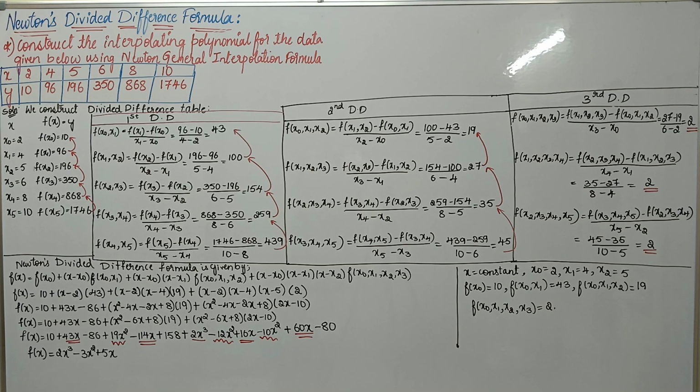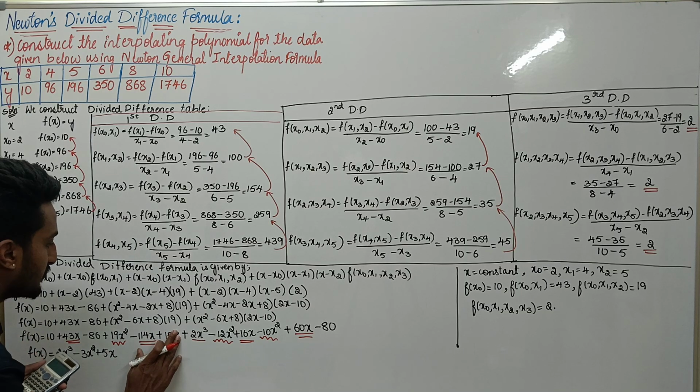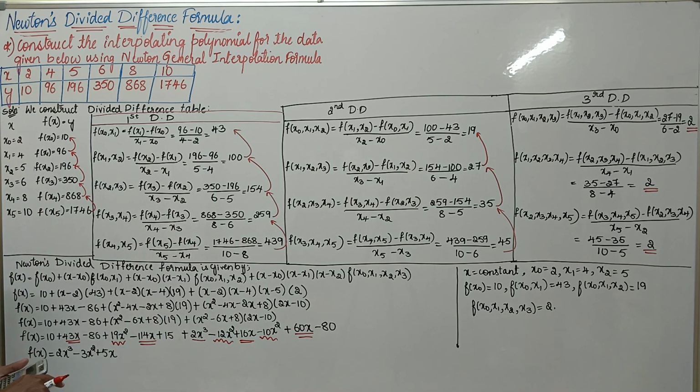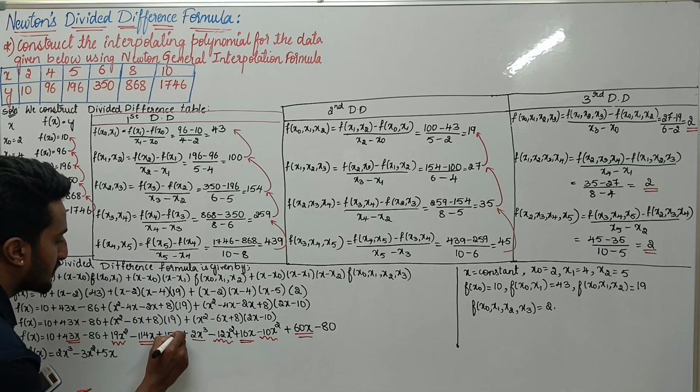Have we missed anything? 19 into 8, this is 152. This is 152. Okay, done.